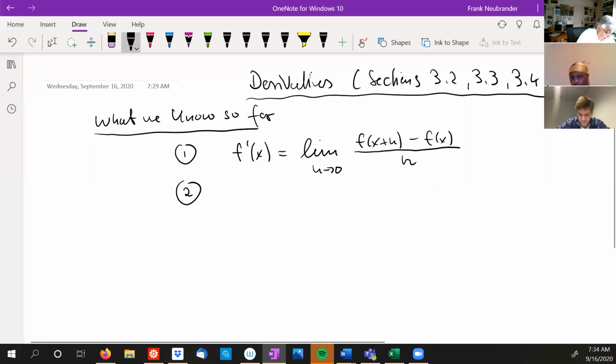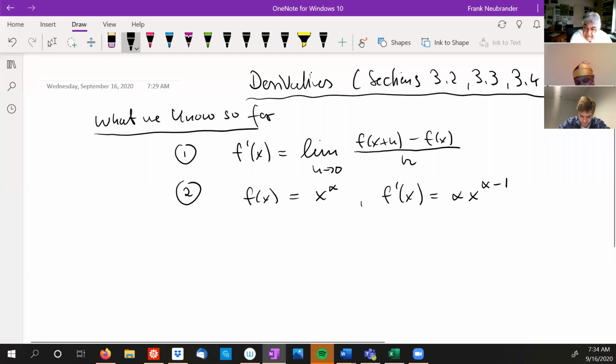Then we know for a certain class of functions, power functions, x to the alpha, that one can compute the derivative as alpha times x to the alpha minus 1. And there will be an extra homework assignment where you can make extra points, where you prove these statements in detail.